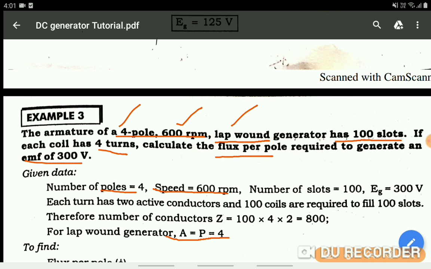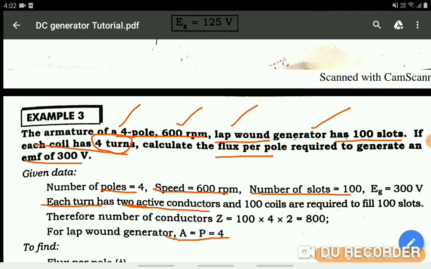Now this is the point we have to keep in our mind. The number of slots is equal to 100. Each coil has 4 turns. This is a hint given for you in order to calculate that value. Each turn has 2 active conductors.